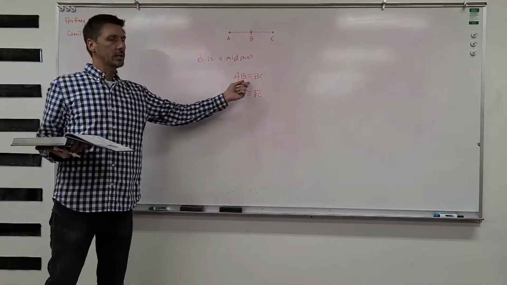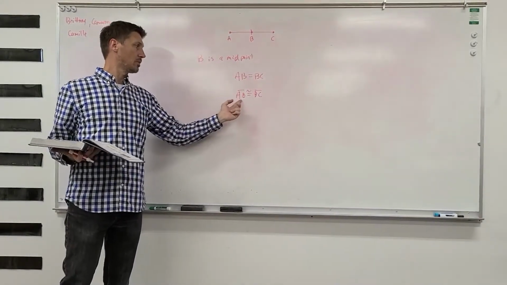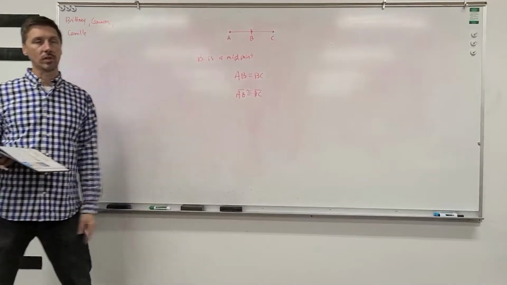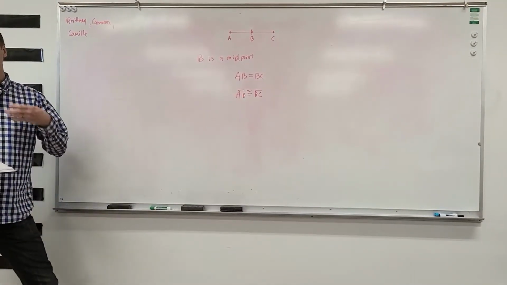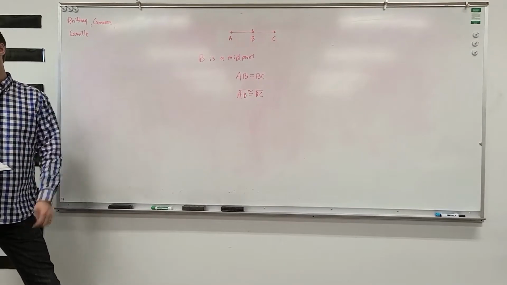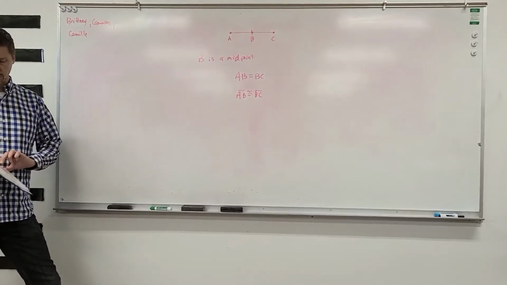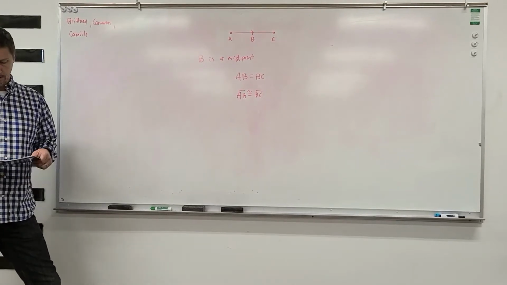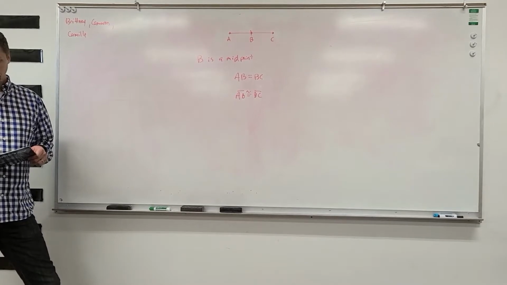We use equality when we're talking about the actual lengths, and when their lengths are equal, then we say those line segments are congruent. Okay, that's going to be important when we start doing some of these proofs later on, that you understand the difference between congruency and the lengths actually being equivalent.